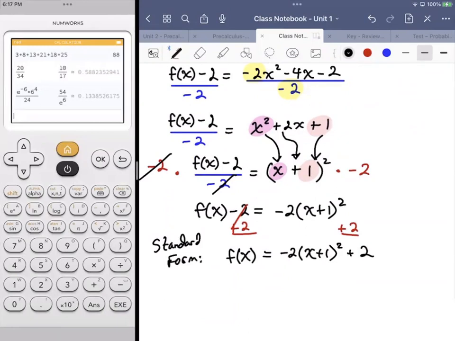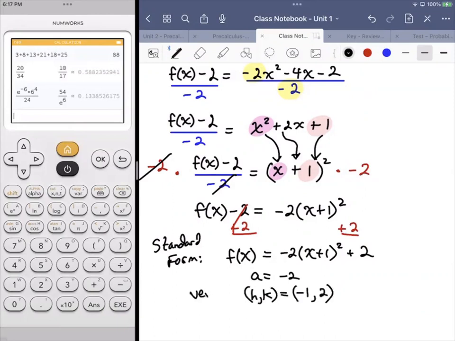And from the standard form, we get our 3 pieces of information that we talked about last class: the direction of the opening, the a value, whether it's positive or negative, and the vertex. All right, so the a value here is equal to -2. The h and k values would be -1 and 2.